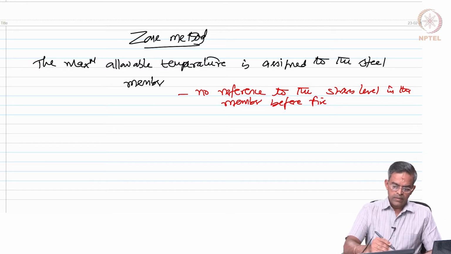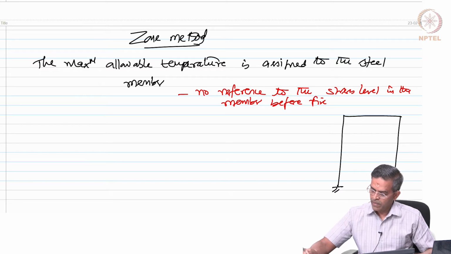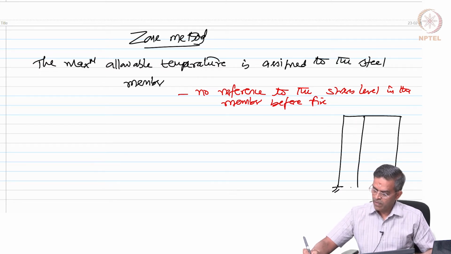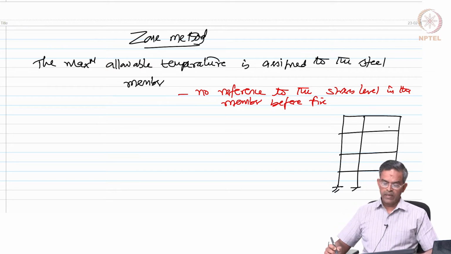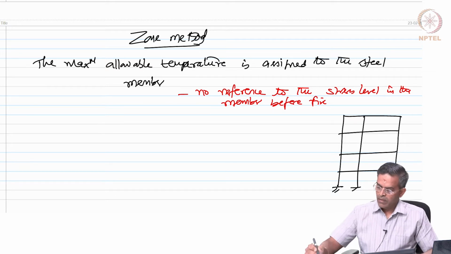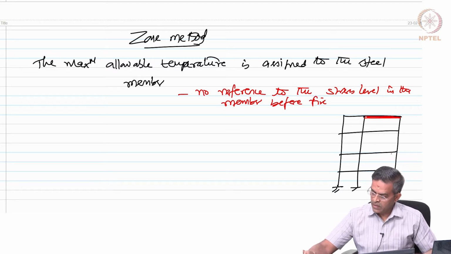Okay. Let us say in a given building there are zones where there is a possibility of fire, let us say this member and this member, column and this beam.